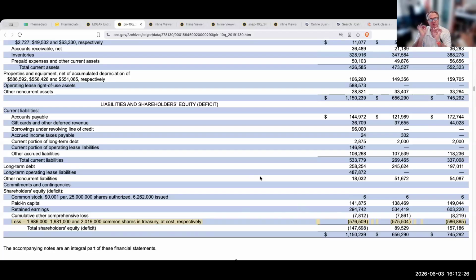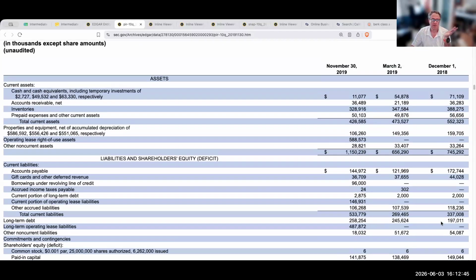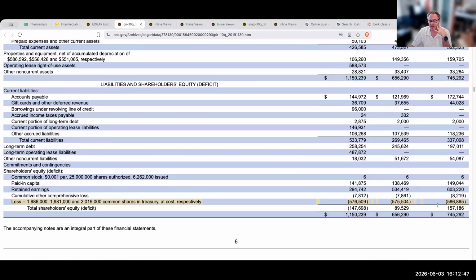That means if you're spending money on dividends or acquisitions or buying back your own shares, that's less money the company has to spend. So when we look at Pier 1, here you've got a company that had all this treasury stock that they spent $586 million on, these are in thousands, buying back their own shares. They later went bankrupt. This is more of a cautionary tale for you when it comes to treasury stock.